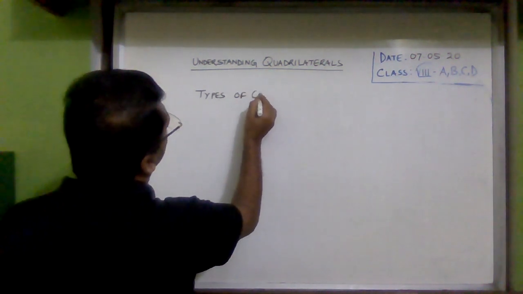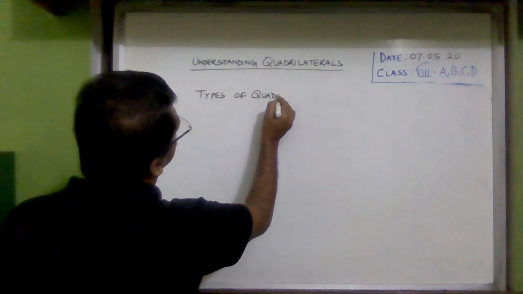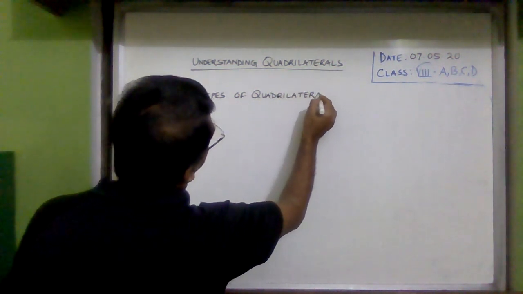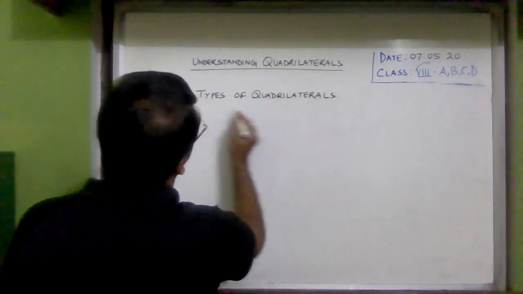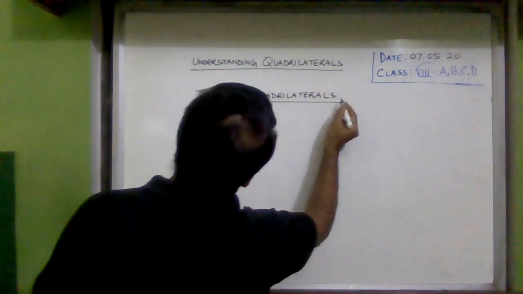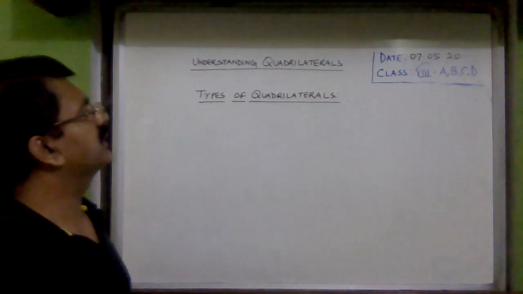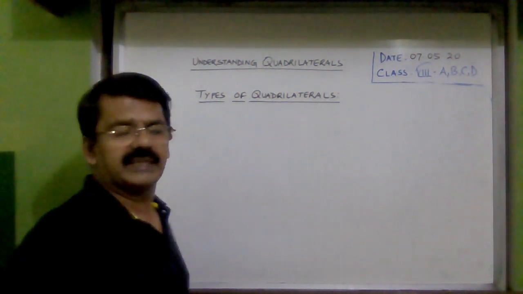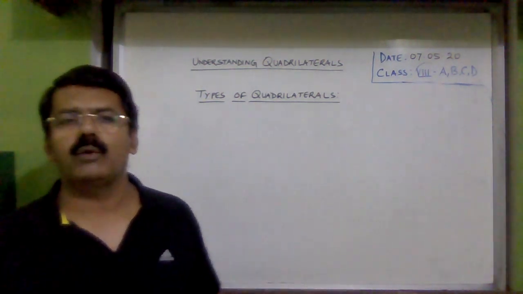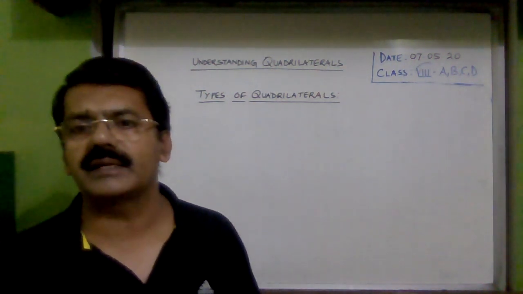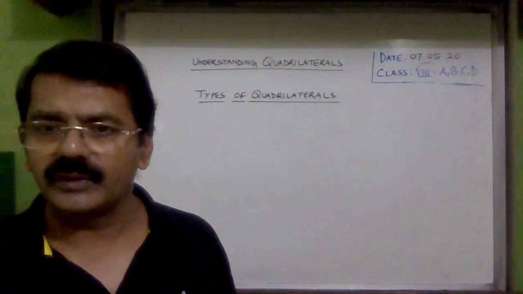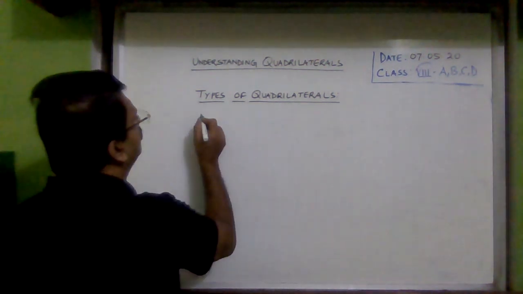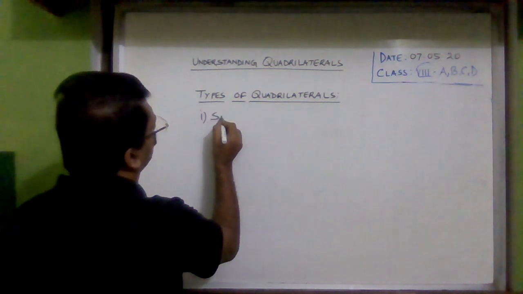Types of quadrilaterals. So first of all, there can be many quadrilaterals, but a few of them are specially named based on their specific properties. The first one is a square.